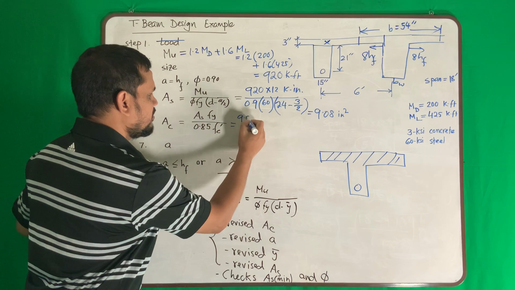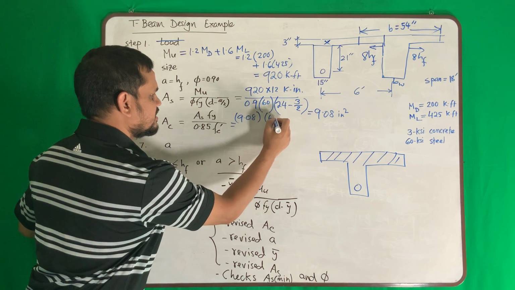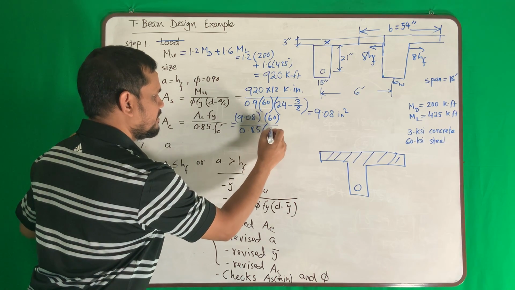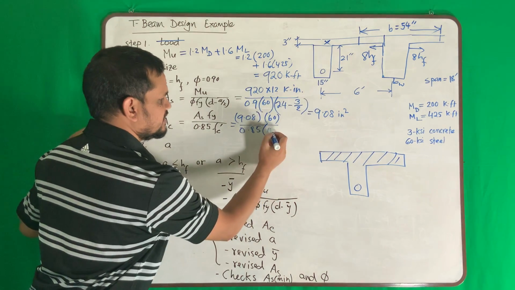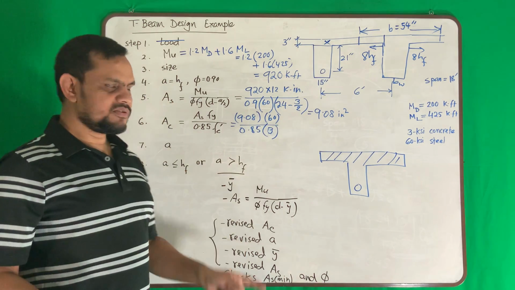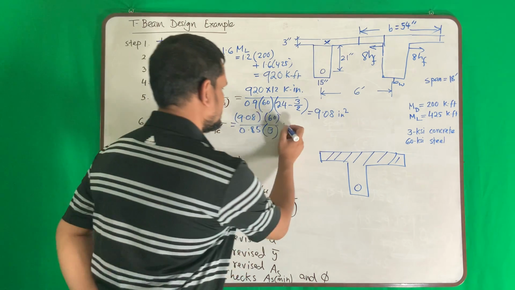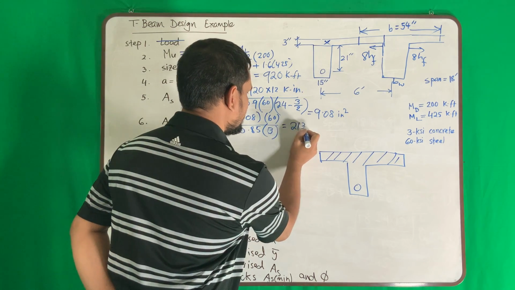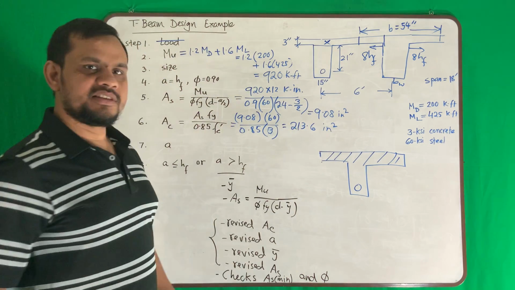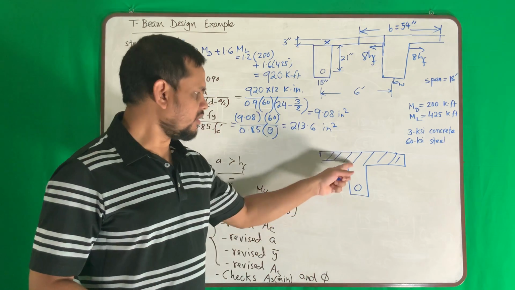So 9.08 from this value times 60 divided by 0.85 f'c. f'c is 3 KSI, so KSI will balance. If I do this, I got 213.6 inch square. This area is my compression area in concrete.